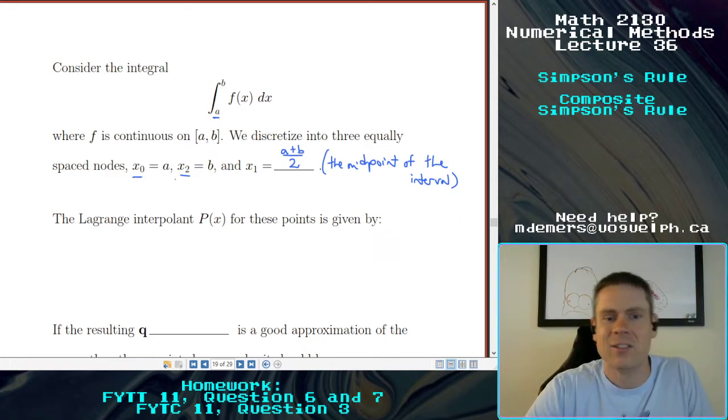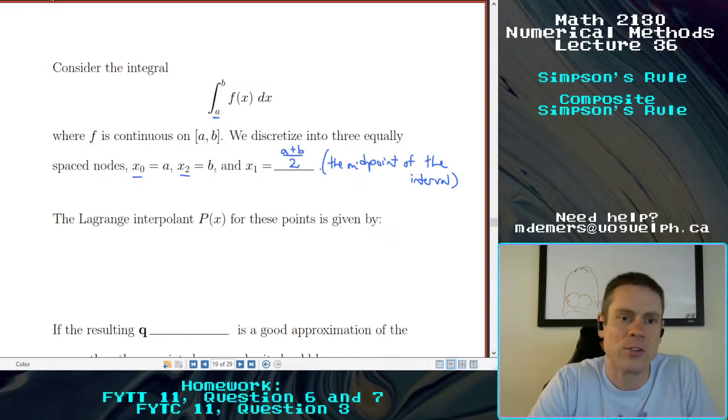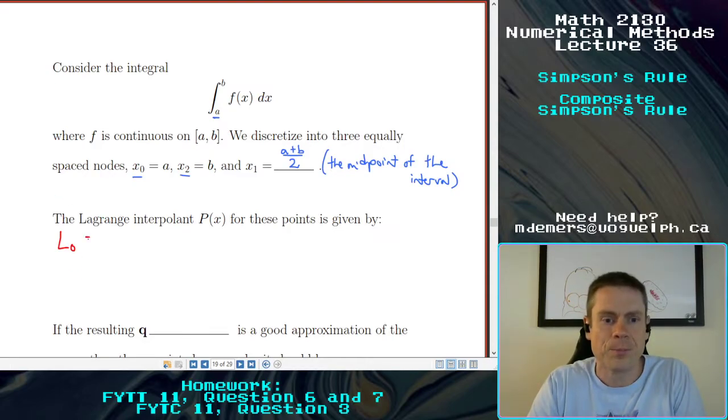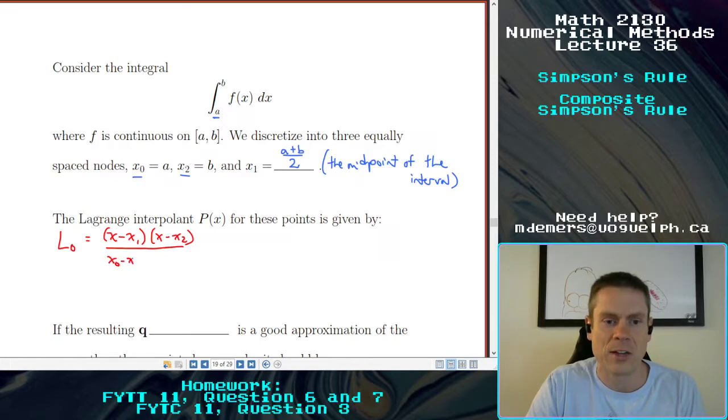So we have an x0, x1, x2. Why don't we use the same notation for our interpolant and use L0, L1, and L2. So L0 is going to be, if you remember, x minus the other points, so (x minus x1)(x minus x2) over (x0 minus x1)(x0 minus x2).